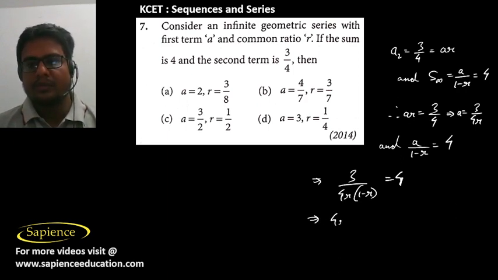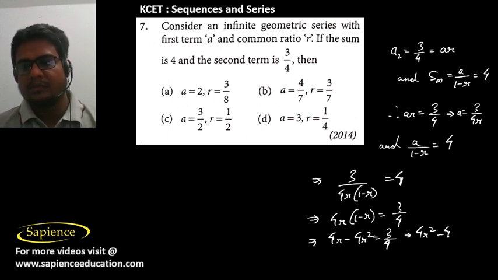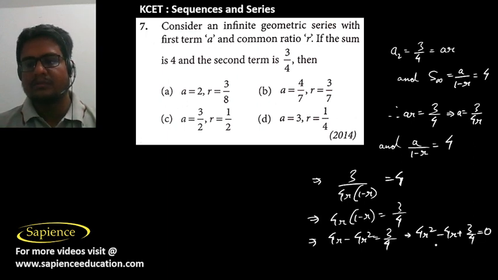So therefore 4r into 1 minus r is equal to 3 by 4. Now therefore 4r minus 4r square is equal to 3 by 4. So therefore 4r square minus 4r plus 3 by 4 is equal to 0.